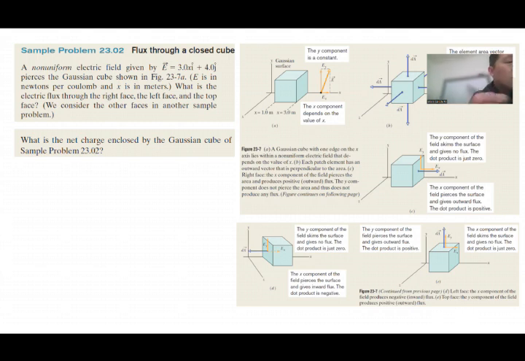So for the bottom face, the bottom face is on the negative y-axis, and the area vector should be minus dA j.